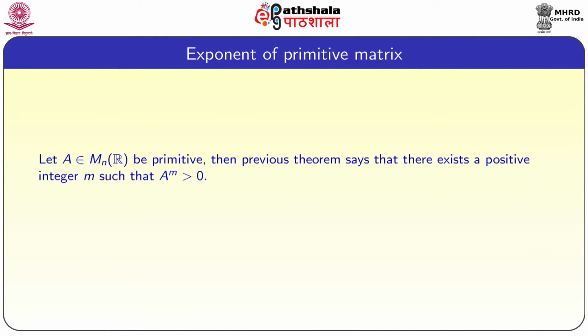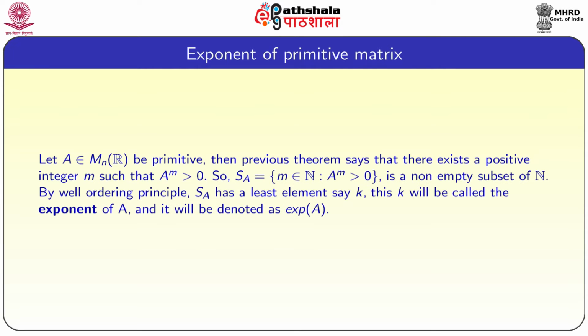Now, we are going to define the exponent of a primitive matrix. Let A belonging to Mn(R) be primitive, then the previous theorem says that there exists a positive integer m such that A^m is greater than 0. So, if we define SA as the set of m belonging to the natural numbers such that A^m is greater than 0, it is a non-empty subset of the natural numbers. By the well ordering principle, SA has a least element, say k.